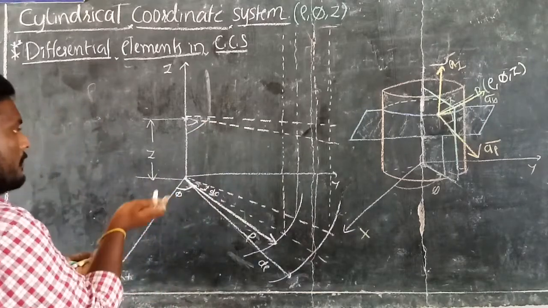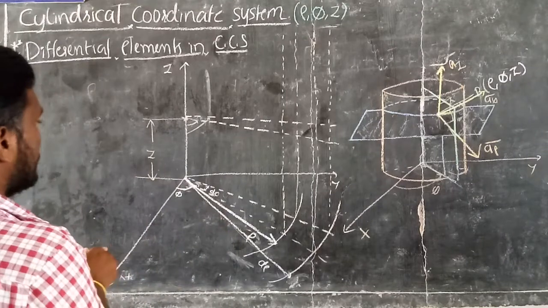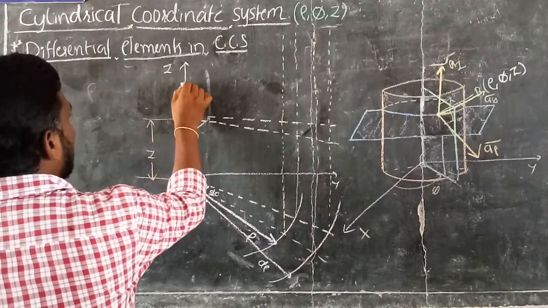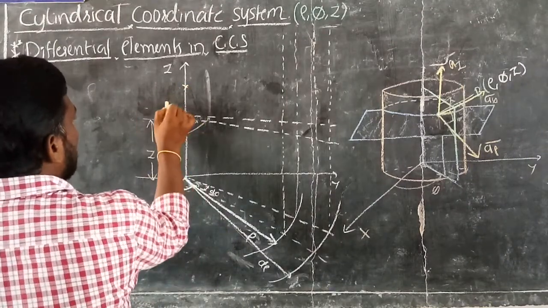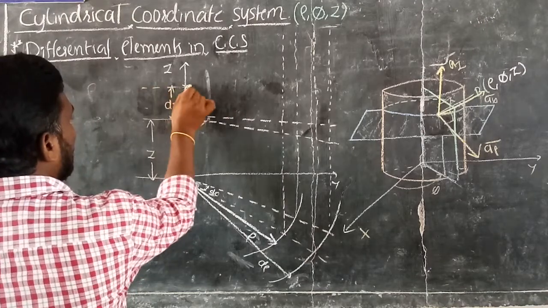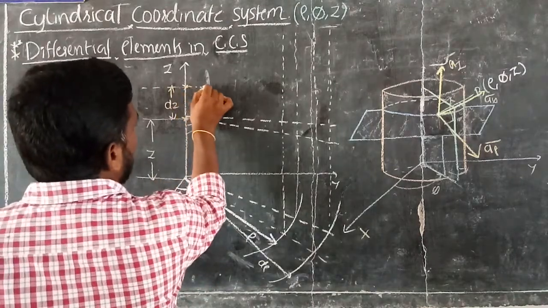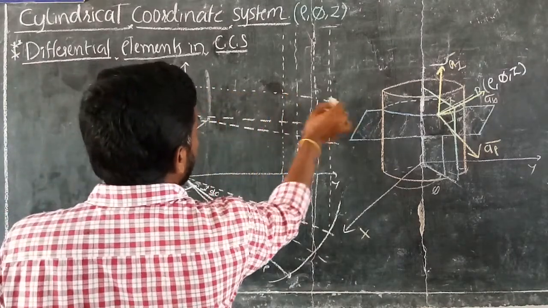Similarly, increase the length of the constant z plane from z to z plus dz. It means I have taken one more point in this location, and it has dz. So we have another dotted line like this.